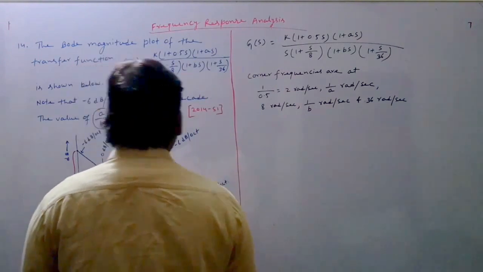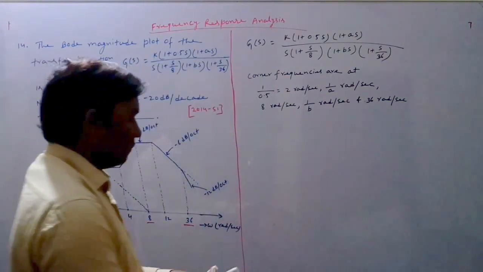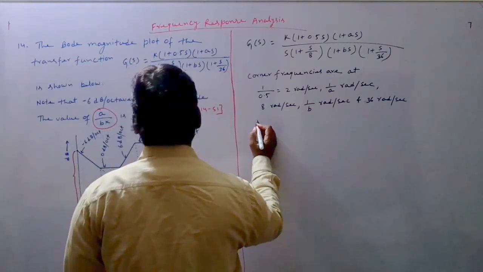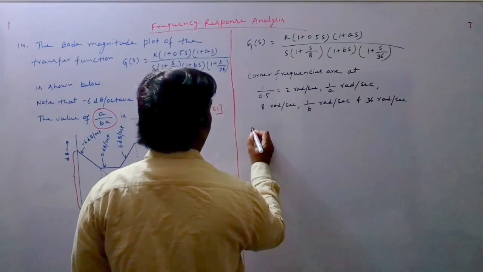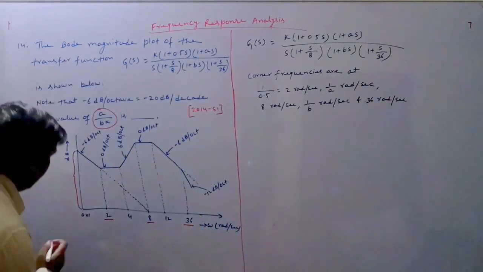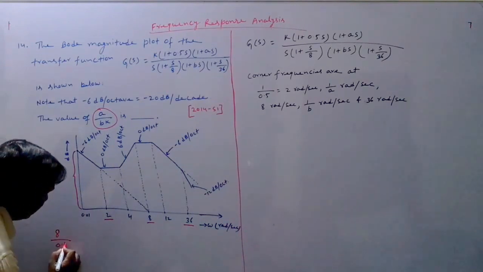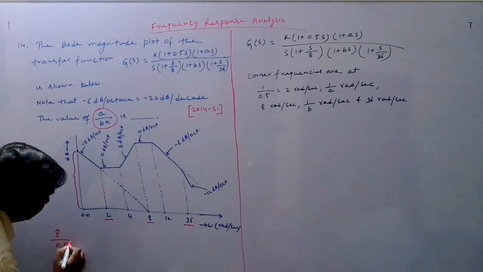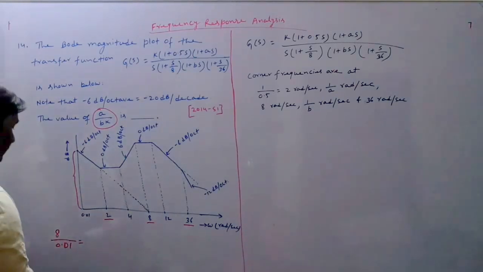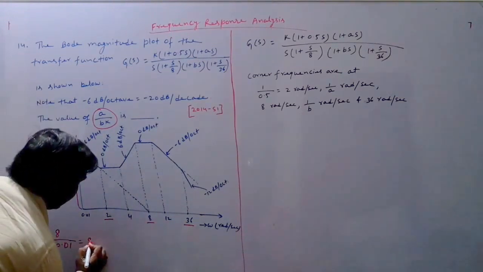If we divide 8 by 0.01, it will give nothing but 800.